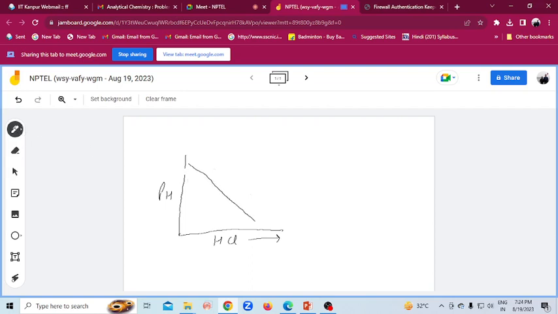But when you use a buffer, your pH will remain constant. This will help you in analytical chemistry, which will be discussed further. So this is the basic principle.